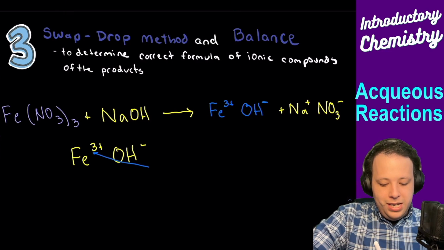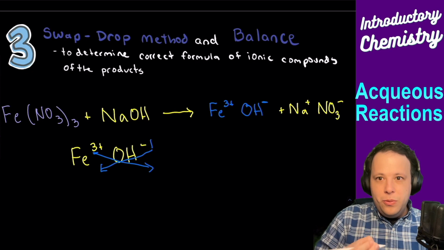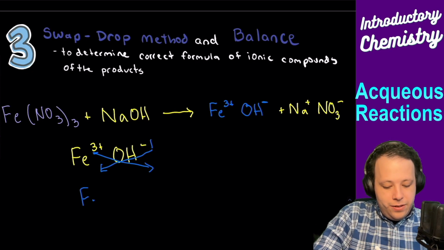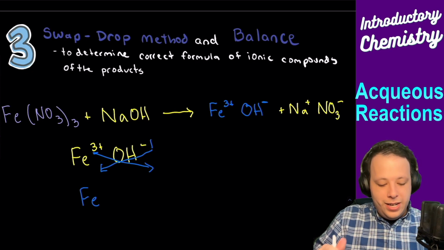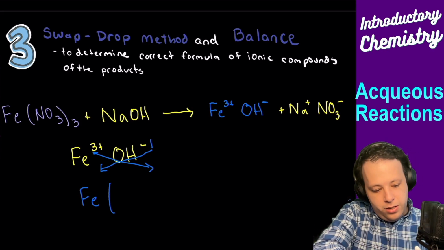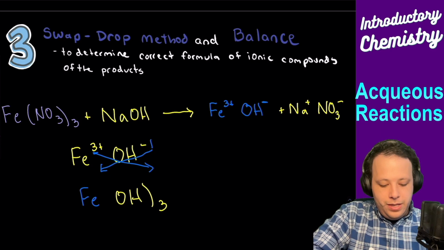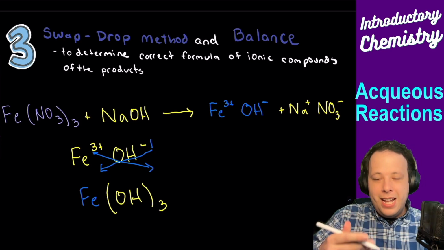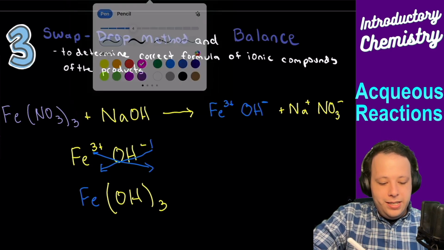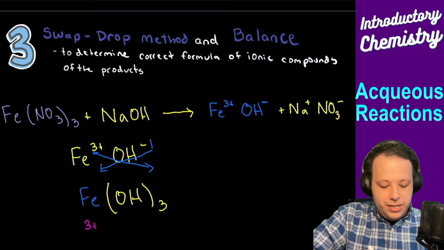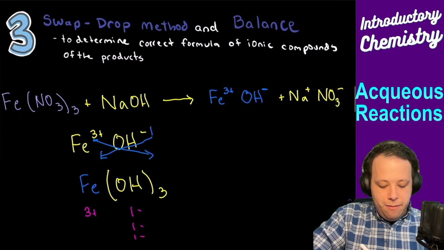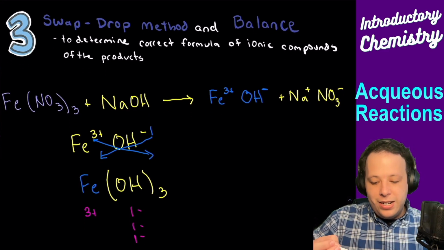We'll take the 3, cross it, the 1, cross it. So what we end up getting is a single iron mixed with 3 OHs to balance out the iron. The whole idea is that we have a 3+ and then 3 individual 1 minuses to balance out both sides of that.